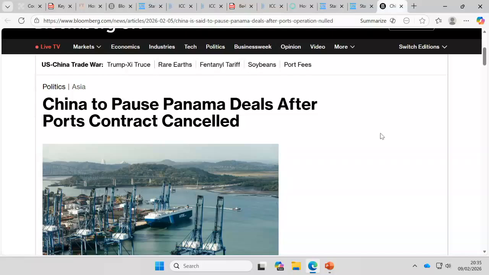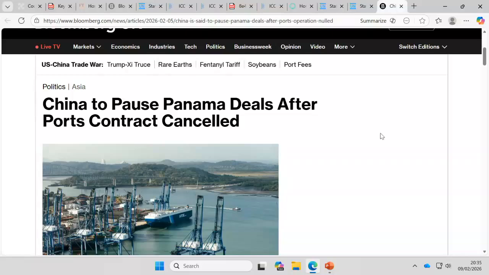And of course, the local lawsuit comes into this with essentially local politics arguing that Panama should be running its own port, and so you get the invalidation of the Hutchison contract.